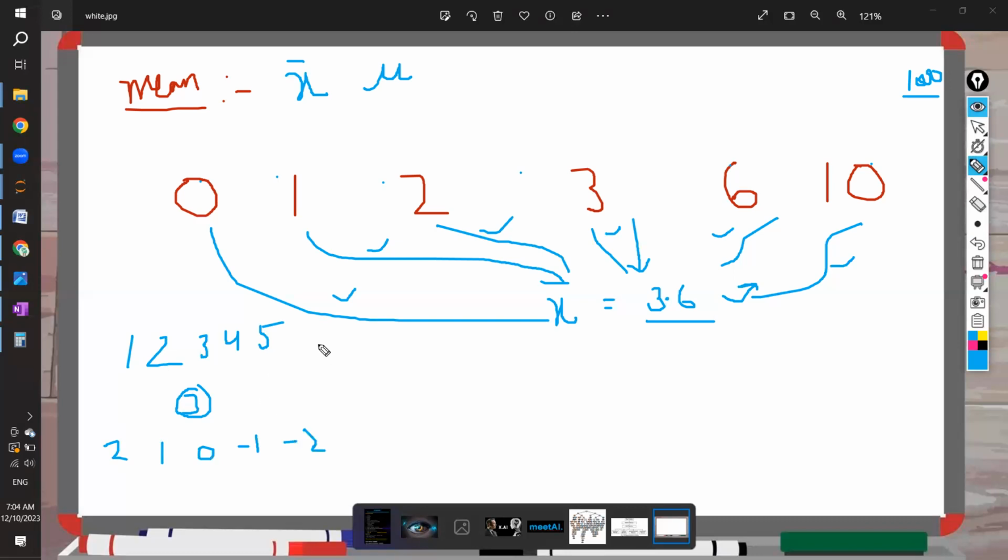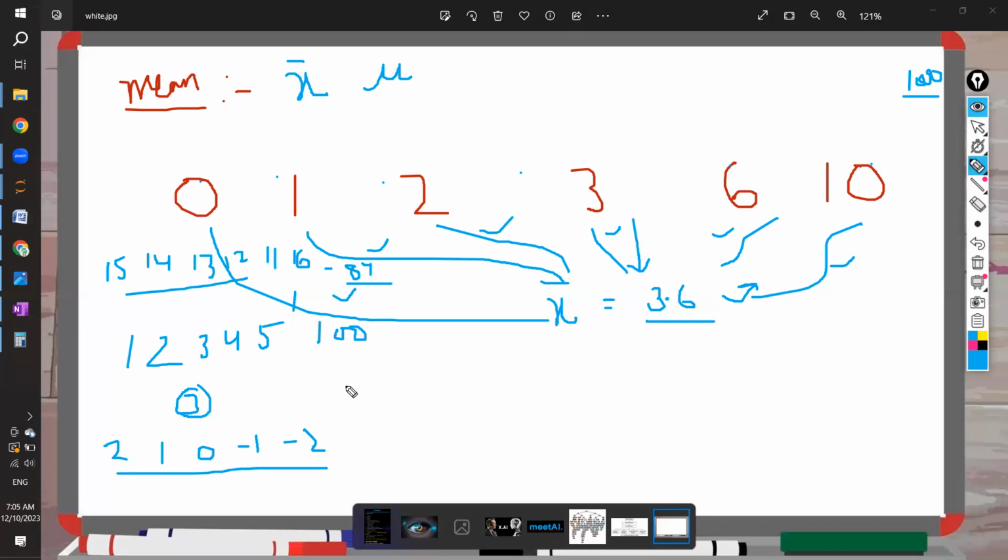But if you add 100, the mean will become 16. Now checking how much each number varies from this mean: 16 minus 1 is 15, 16 minus 2 is 14, 16 minus 3 is 13, 12, and 16 minus 5 is 11, and 16 minus 100 is minus 84. So the numbers are completely changing.